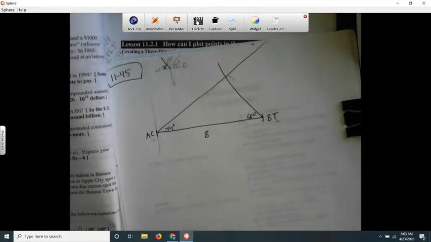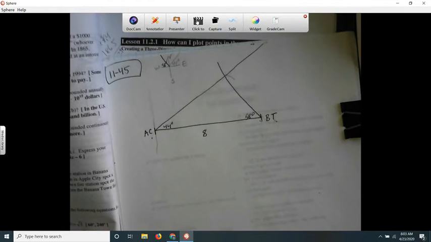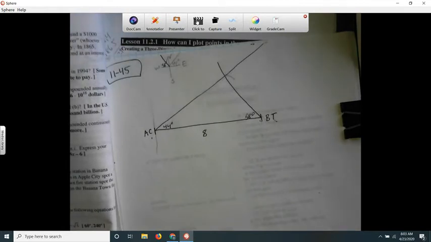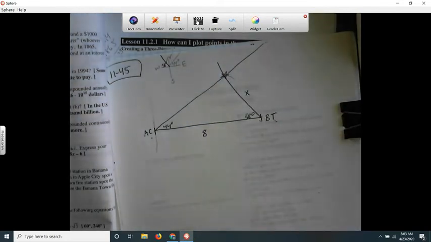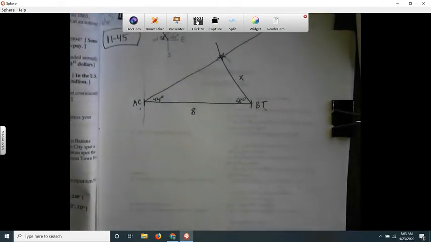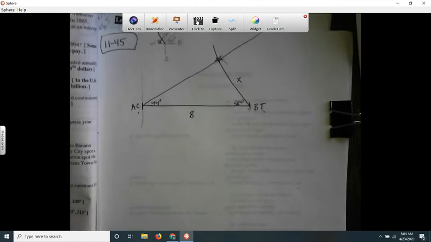And then the question asks, how far is the fire from the Banana Town fire station? So this right here is the fire, and this side is the side that we're looking for. So you look at it and say, what tools do I have to solve this triangle for the missing side?